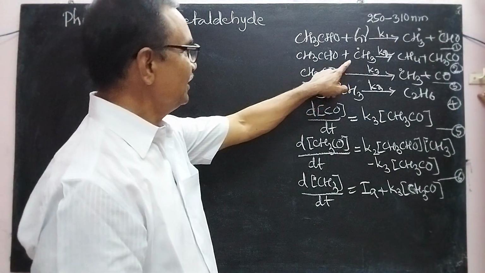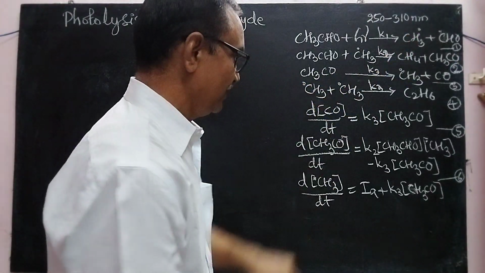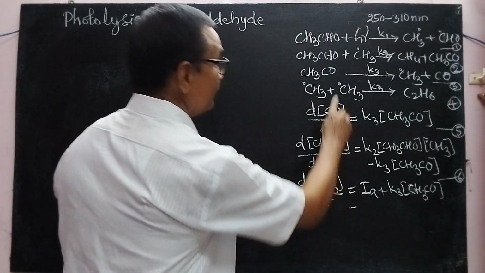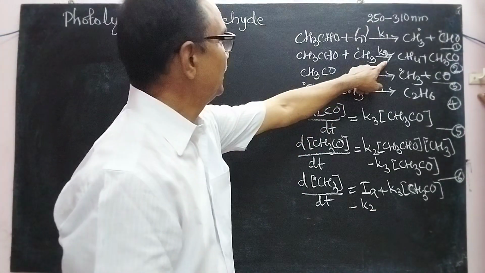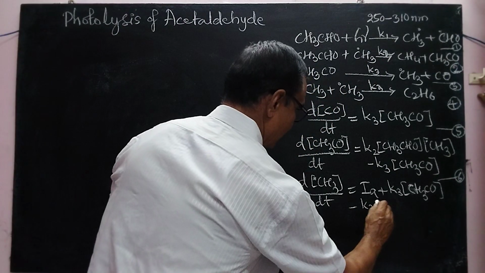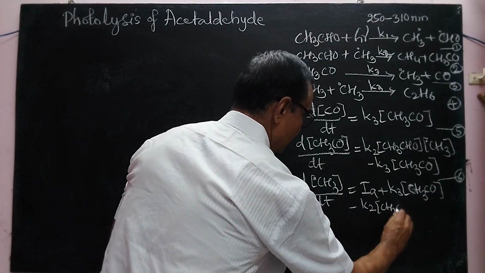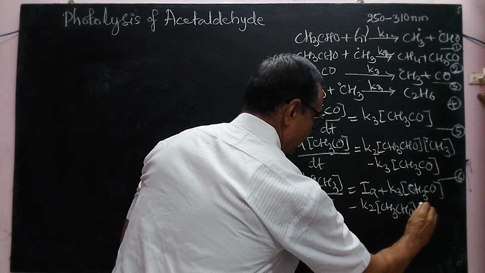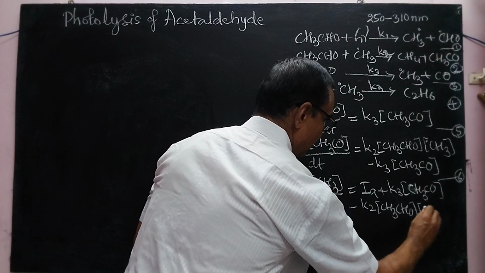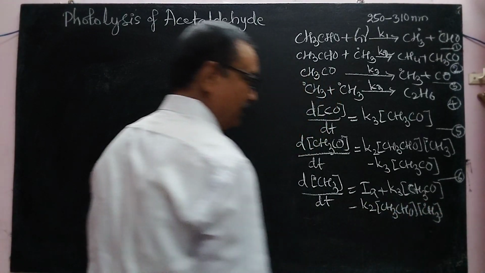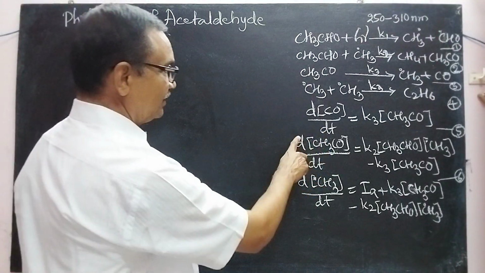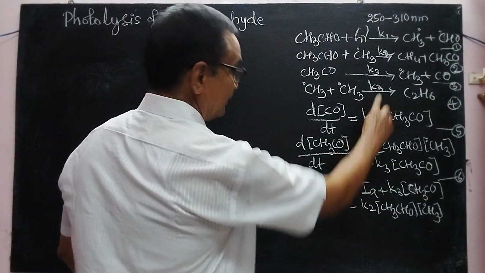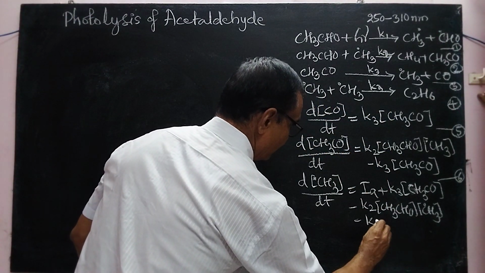Consumption is according to this. This is minus K2 into concentration of acetaldehyde, CH3CHO, and concentration of CH3 dot. According to this reaction it is consumed. And another one is the consumption by this. This is minus K4.